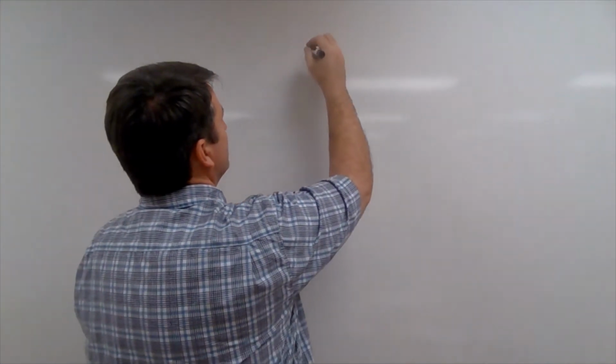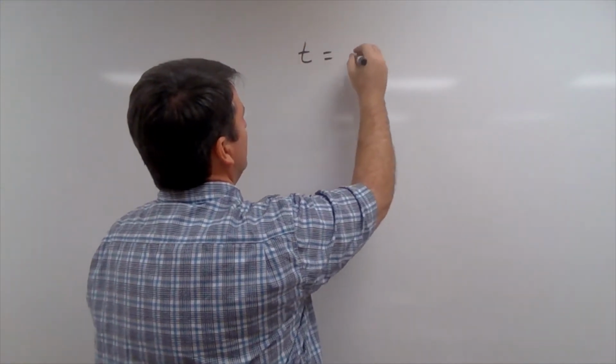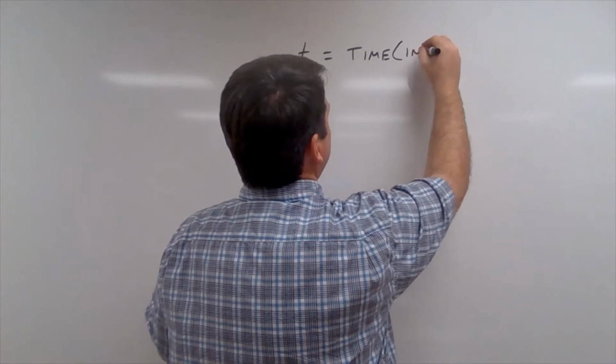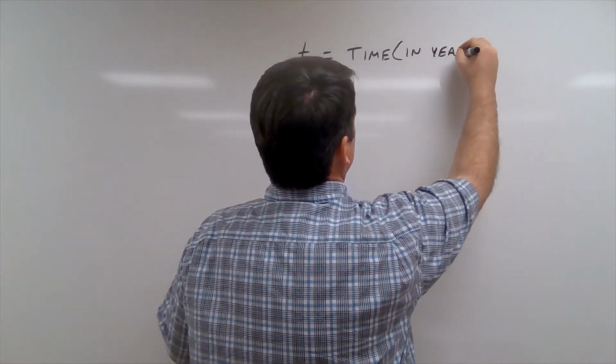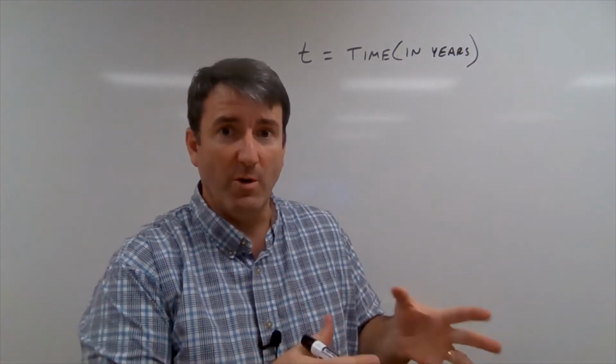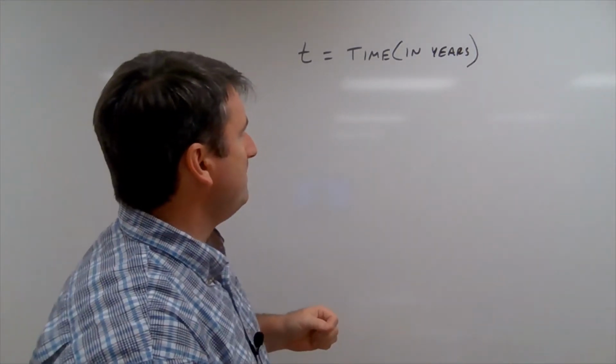All right, so let's start by defining our variables. So with all of these functions, we're going to see exponential growth over time. So time is going to be our independent variable. So let's write that first. t is going to be time, and it's going to be time in years because we know the growth rate per year.